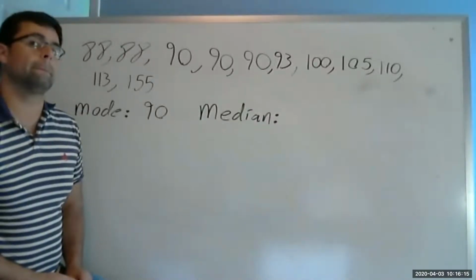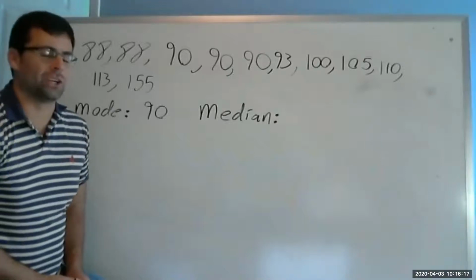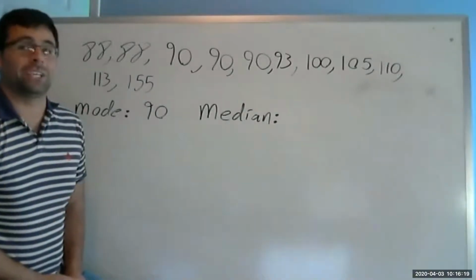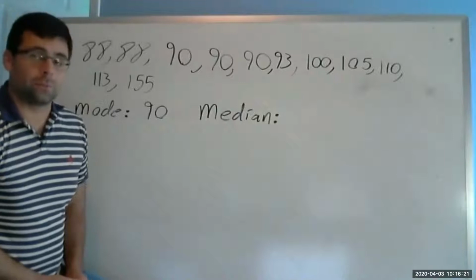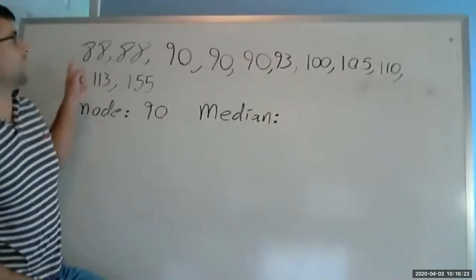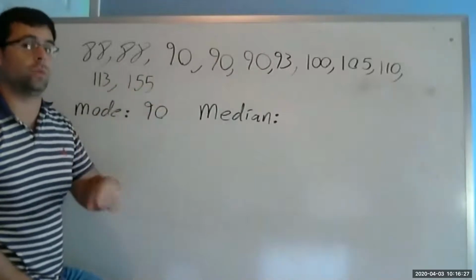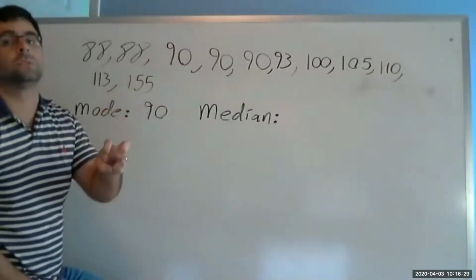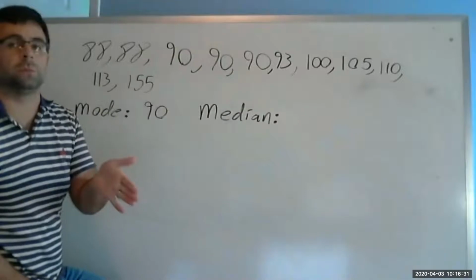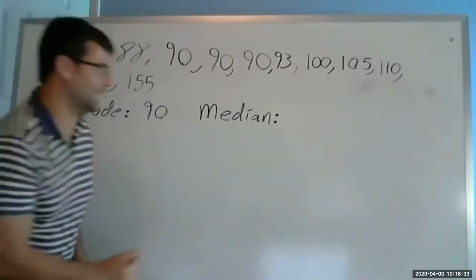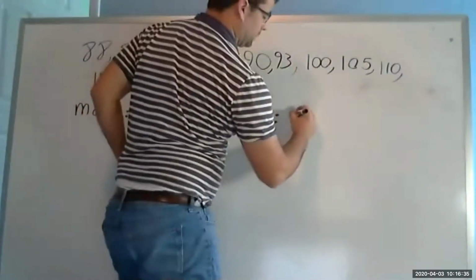Because it appears in the middle. You're right. So I'm not saying you're wrong. Odd number. Yeah. Because there are 11 items in the list, you know that the one in the middle, there's definitely only going to be one. And you are correct. It is 93.